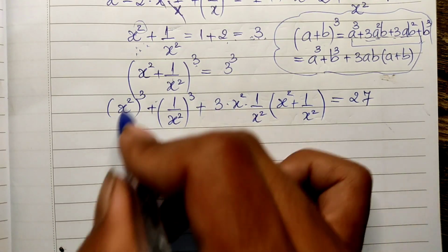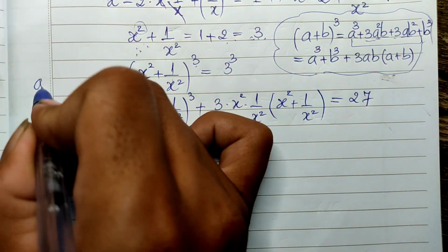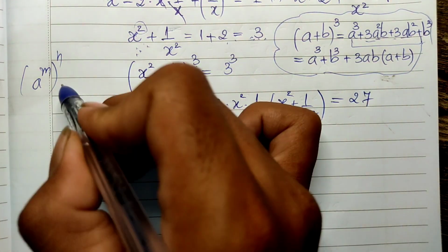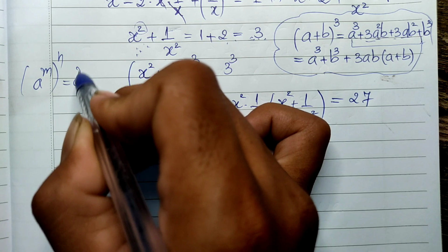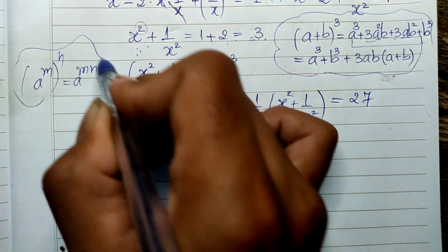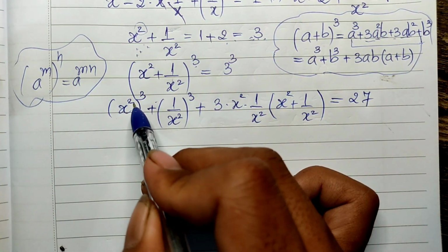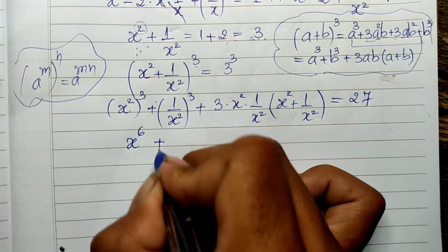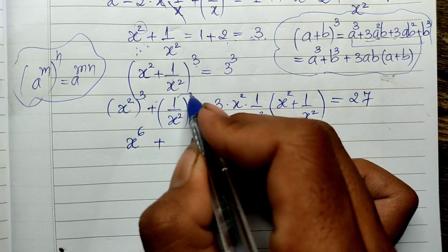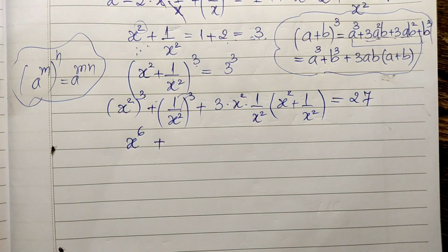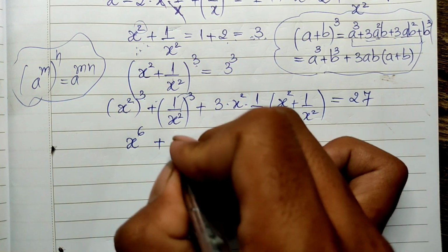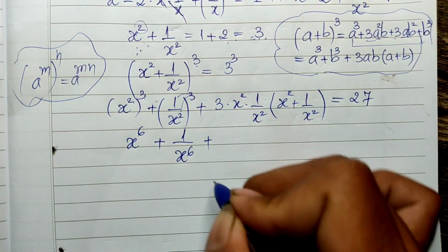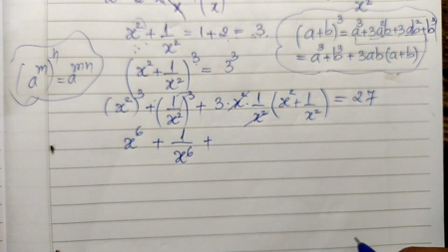Now we use the rule that a to the power m, all to the power n, is equal to a to the power m times n. So we get 2 times 3 equals x to the power 6, plus 1 to the power 3 over x to the power 2 times 3. So we get 1 divided by x to the power 6 plus, we simplify x squared and x squared.